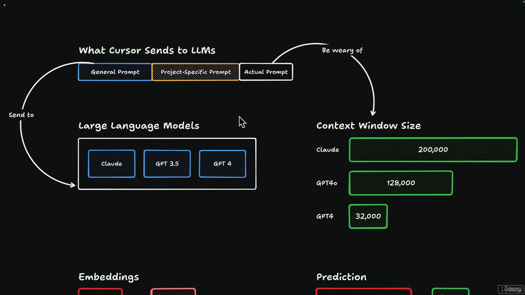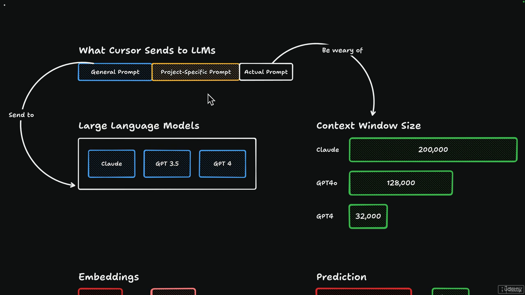Let me show you a diagram to illustrate that. What Cursor really sends to large language models is this general prompt, and this prompt just needs to tell Cursor what you expect, how it needs to respond, and how it needs to proceed. We're gonna go back to this general prompt. Then you might have some project-specific prompt, which will contain some instructions and knowledge about a specific project.